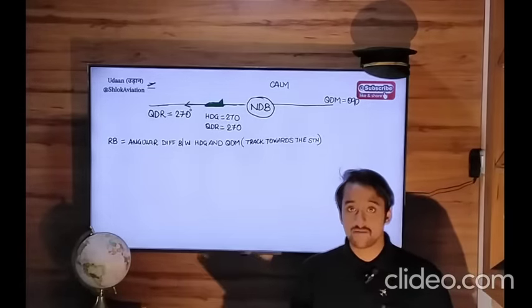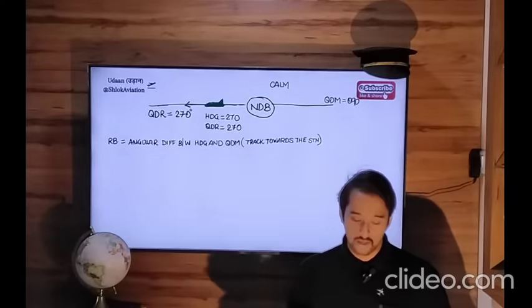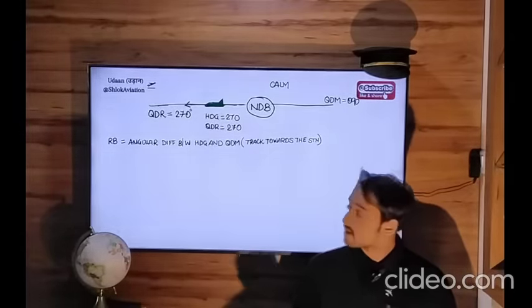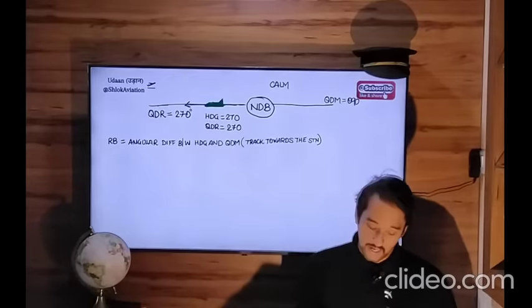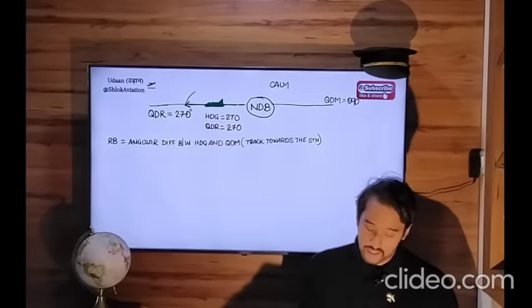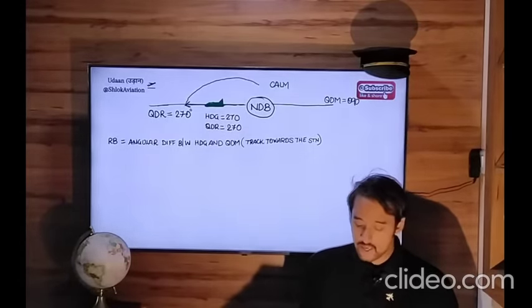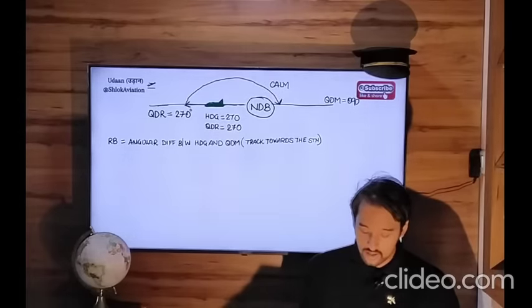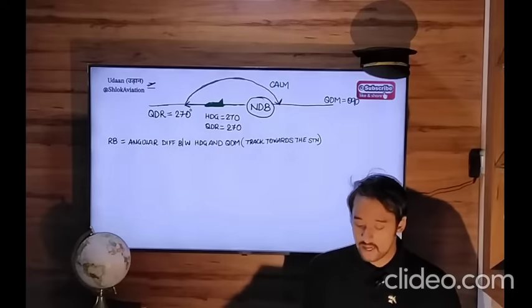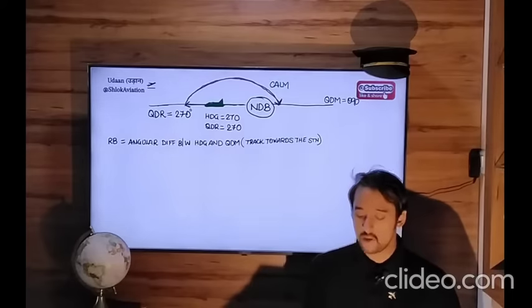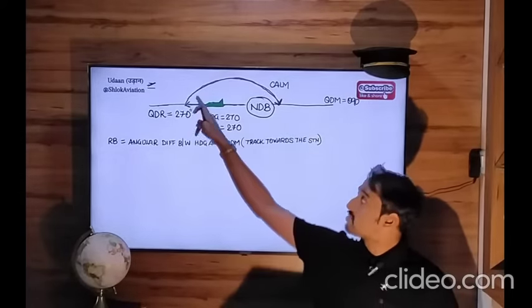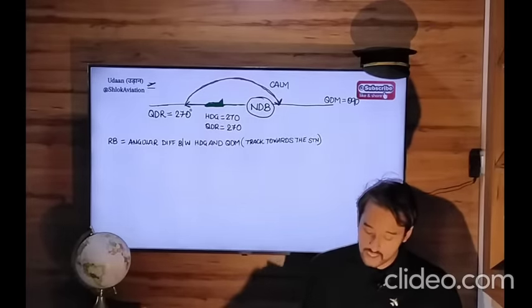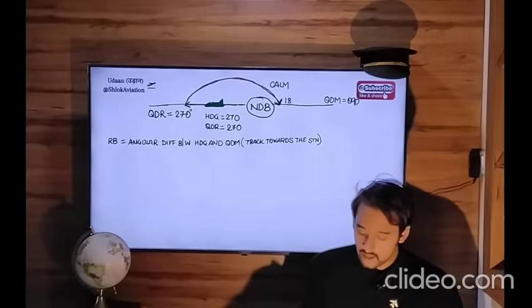That is your relative bearing, the angular difference between them. So in this case, the relative bearing will start from heading of aircraft clockwise towards the QDM up to here. Okay, clockwise, starting from heading clockwise up to QDM. So this is a semicircle, the angle of which is 180 degree.